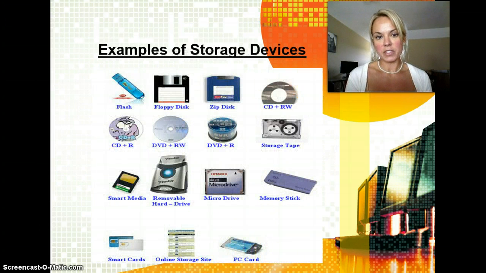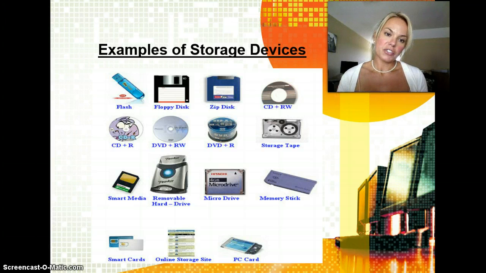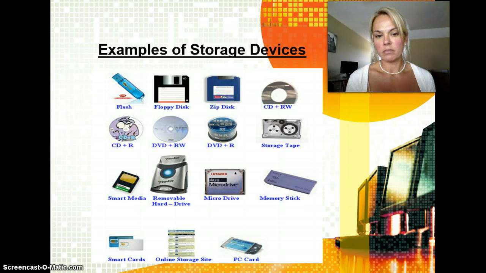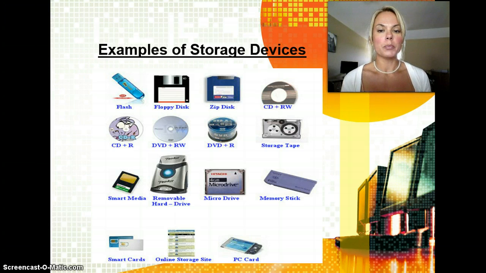Some examples of storage devices include the flash drive, the floppy, which is pretty old school now, the zip disk and CDs. On some of the newer laptops today there's no way to put in a CD, so the most commonly known one is the memory stick, or the flash drive.